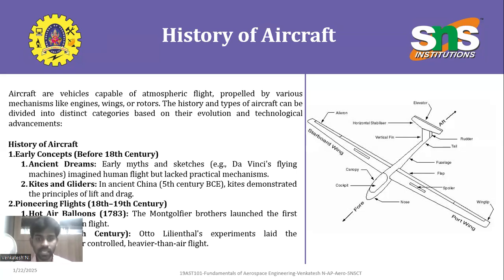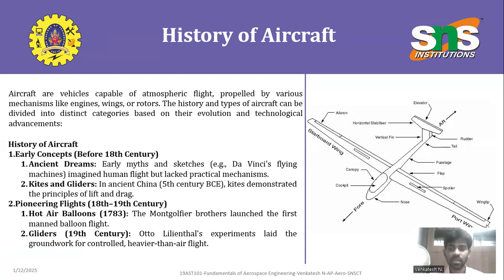The history and types of aircraft can be divided into distinct categories based on their evolution, technology, and advancements. The history of aircraft, in its early concepts, starts before the 18th century and falls into two categories: ancient dreams, and kites and gliders.